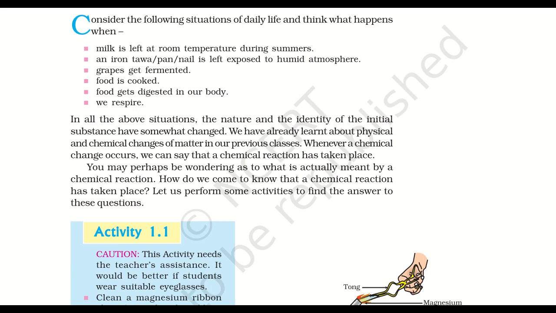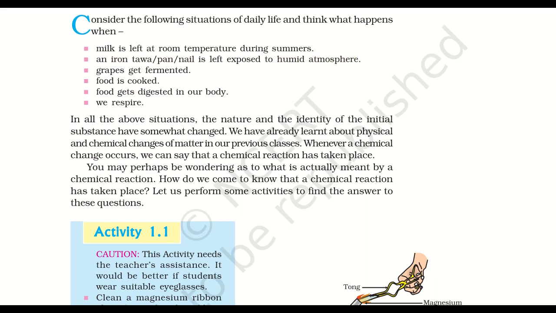Now let us consider some examples given over here. We come across all these examples in our day-to-day life. The milk that is left at room temperature during summer changes its state and becomes sour. The iron tawa, pan or nail which is left exposed to a humid atmosphere gets corroded.